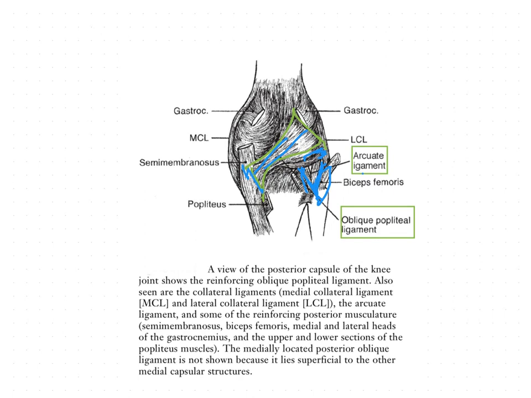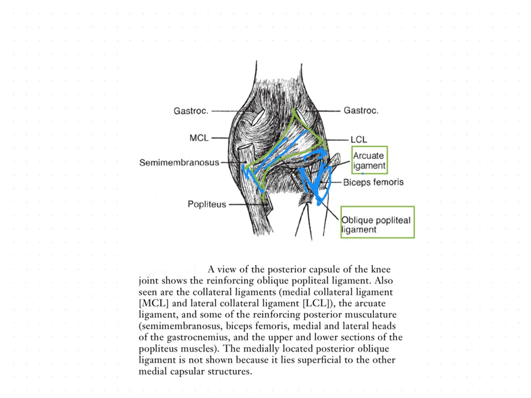These are the ligaments which are attached over the posterior capsule. These two ligaments were found to play an important role in checking against varus and valgus stresses respectively in the extended knee.